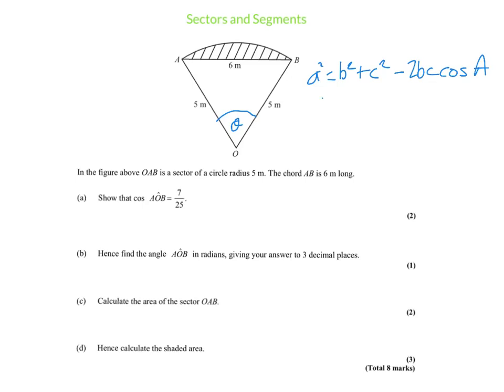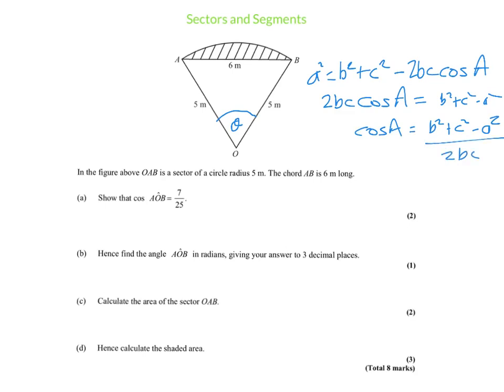I always find it easier to remember it like this: cos a equals b squared plus c squared minus a squared, over 2bc.